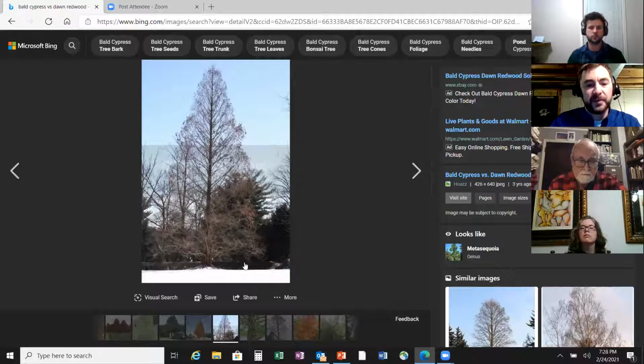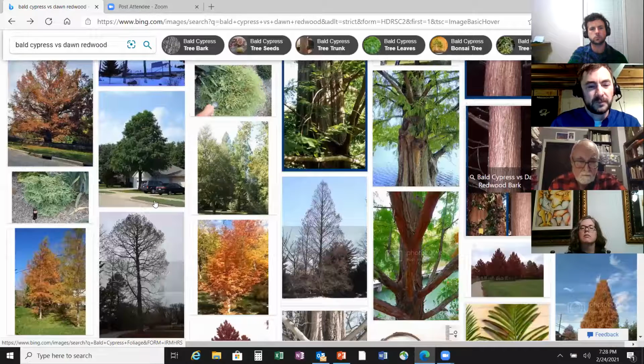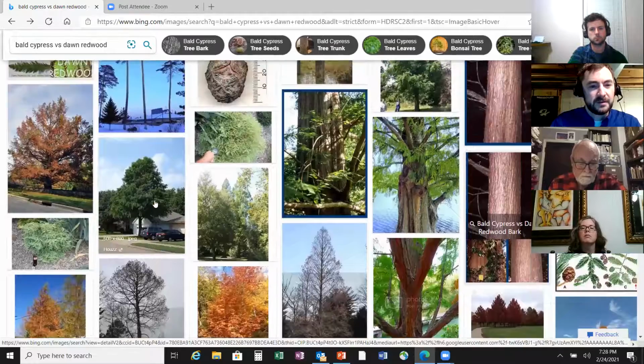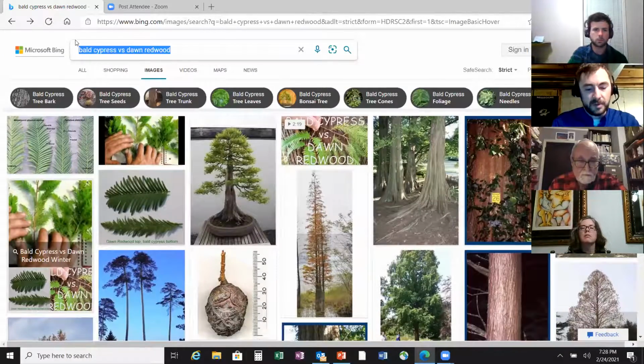Whereas bald cypress is a lot more likely to have a little bit more of a decurrent shape.